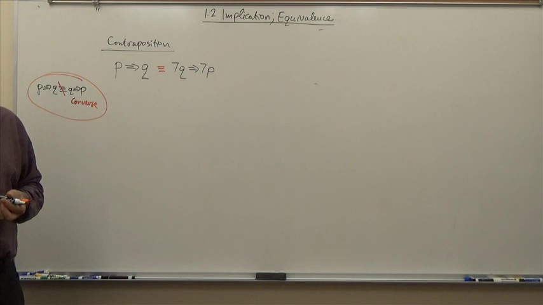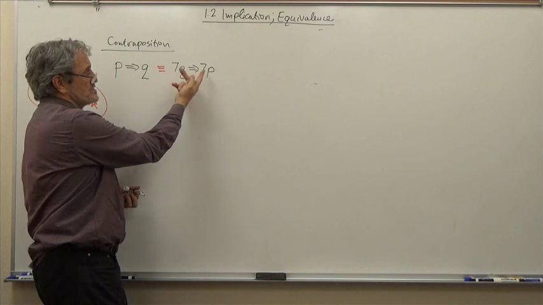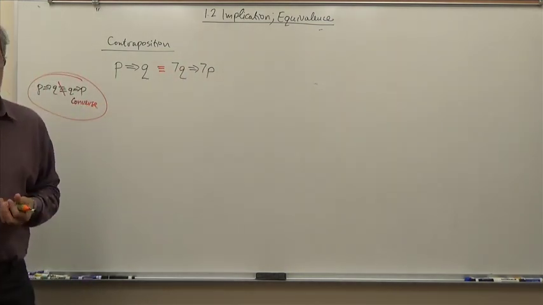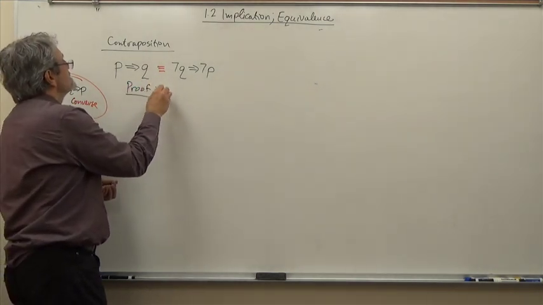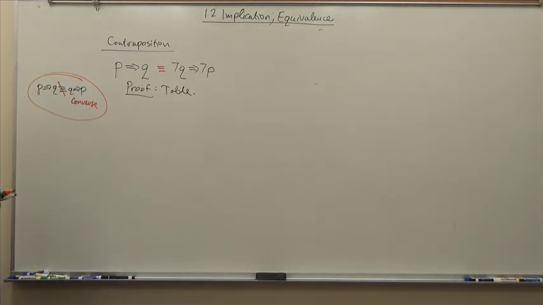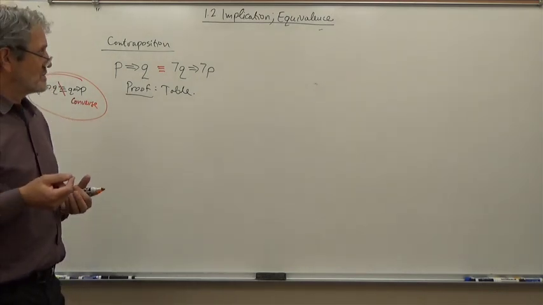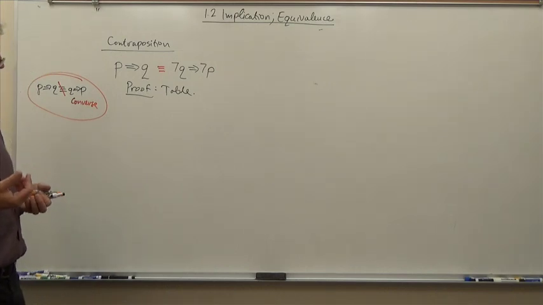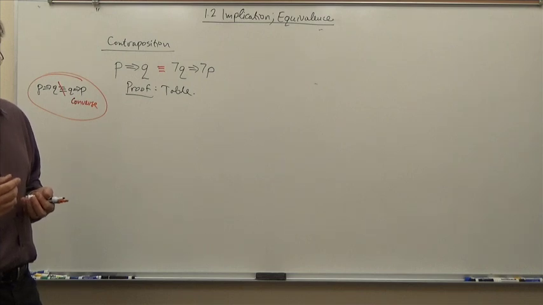So a statement and its converse are in general not equivalent. The only way you can switch two statements is, if I have P implies Q, and you want to switch them, then each of them gets a negation. Again, proof: use a table. It's very easy to justify, but it's very important that we are aware of this equivalence, because it often gives us a chance to provide a correct argument that's more convenient for us if we flip the statement using the negation.